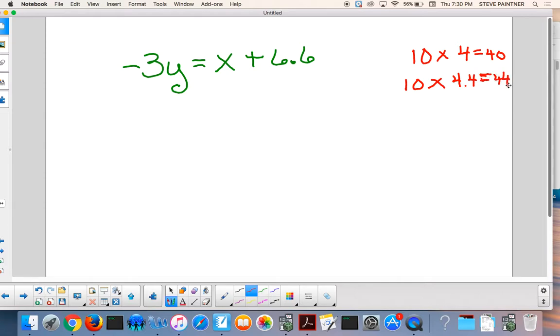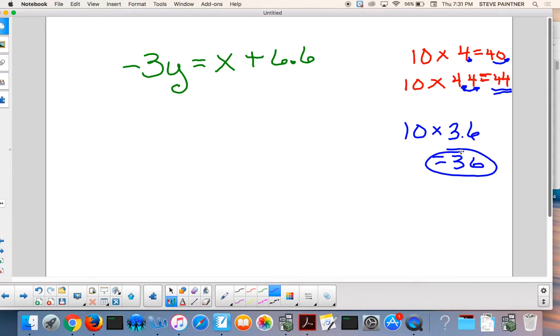So whenever you multiply by 10, the decimal behind the 4 just moves over 1, and you get 44. So anytime you take 10 times a number with a decimal in it, like 3.6, you get 36. So it's really easy to get rid of the decimal.